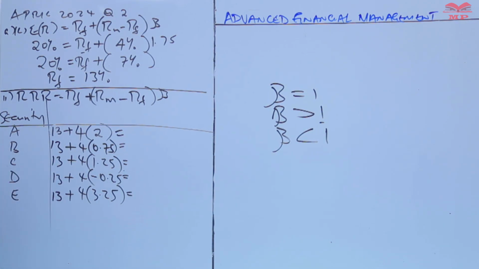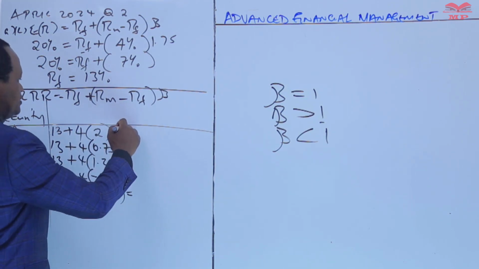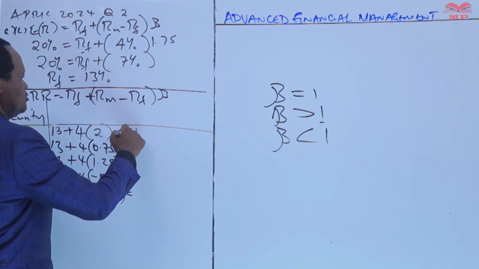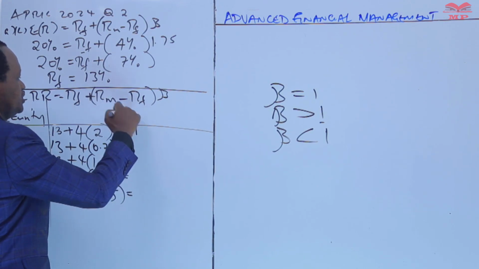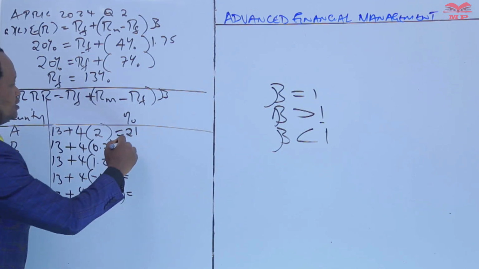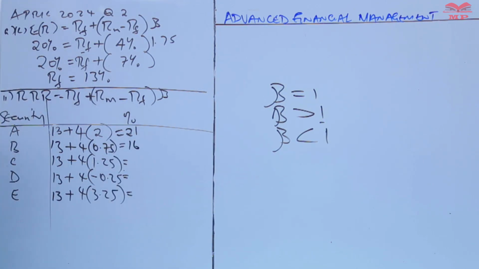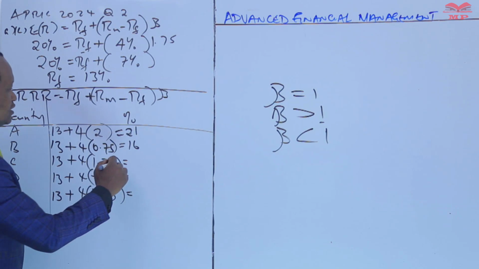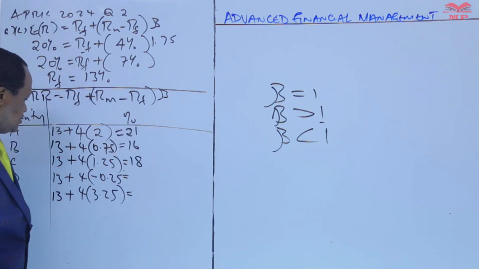Kevin says 21. It's 21%. These are percentages. B, 16%. Security C, Kevin says 18%.